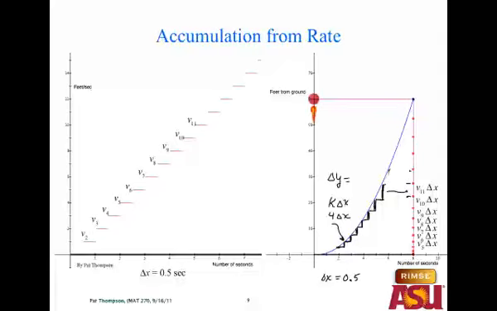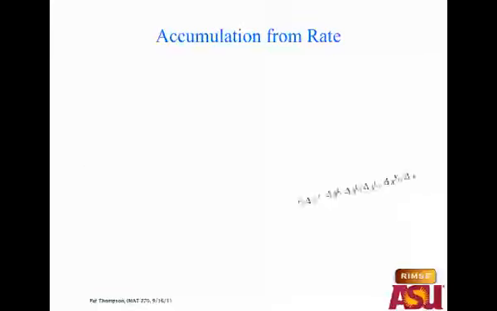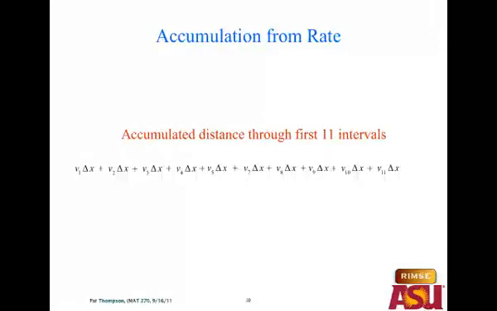All those little bits of changes in height will give me the accumulated height, or the height of the basketball at 5.5 seconds. So we just add them up. And if you want to use sigma notation, what would it be? The sum from i equals 1 to 11 of V_i delta x. We could say that's H11, and that 11 corresponds to 5.5 seconds.